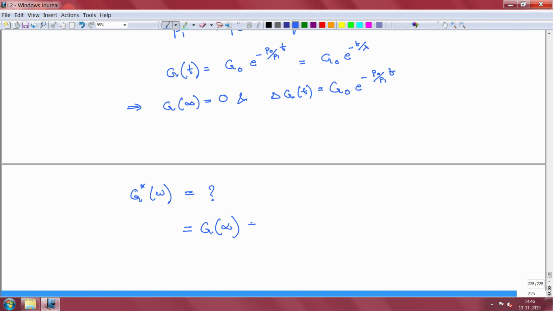We know that the general solution for this is given as G star of i omega equals G infinity, and then there is an integral here that goes from 0 to infinity, delta G of s e to the power minus i omega s ds. Okay. So, you want to replace this, the first term is actually going to cancel, it is just going to become 0, and then you replace this term here and you try to see what result you finally get.